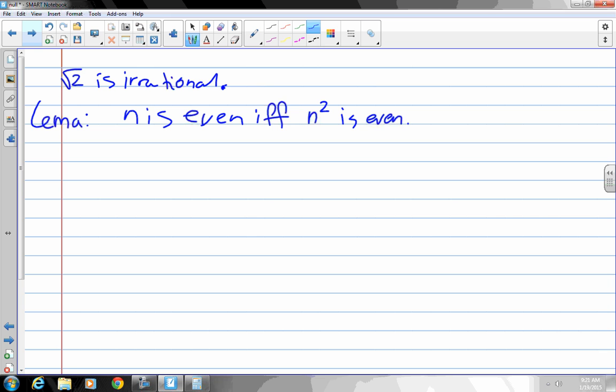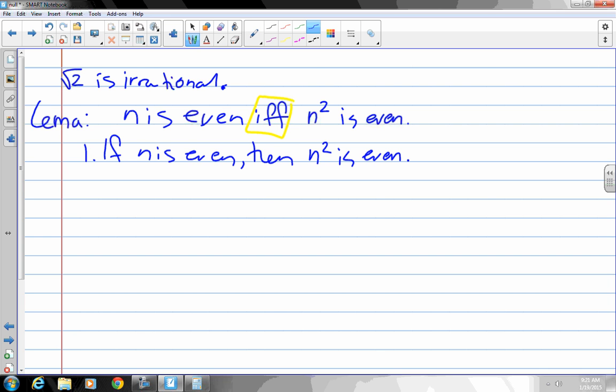Now remember that if and only if thing, that means two-way street. So we have to prove if n is even, then n squared is even. And we also have to prove if n squared is even, then n has to be even. So it's a two-way street. One way is really easy. It's easy to prove if n is even, then n squared is even.